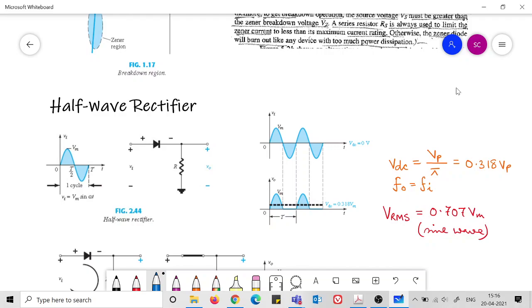In some cases, we may use the second approximation, where we put a bias voltage of the knee voltage when it is in the forward bias region. So any circuit you see using diodes, we can solve using these approximations.